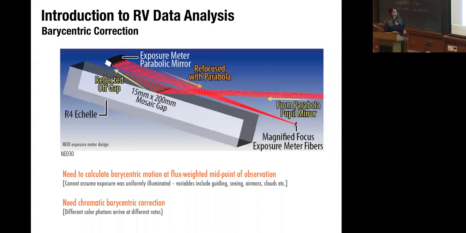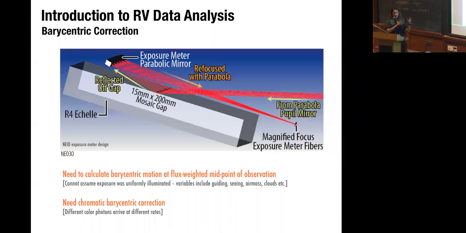But you also have to worry about the fact that not all of the different colors of photons are coming in at the same time. So like I said, say you have cloudy skies, now your blue photons are taking much longer to come in. So the middle blue photon doesn't come in at the same time as the middle red photon. And so you can't just look at your exposure time, you need to look at an exposure meter, and that exposure meter needs to have some wavelength dependence.